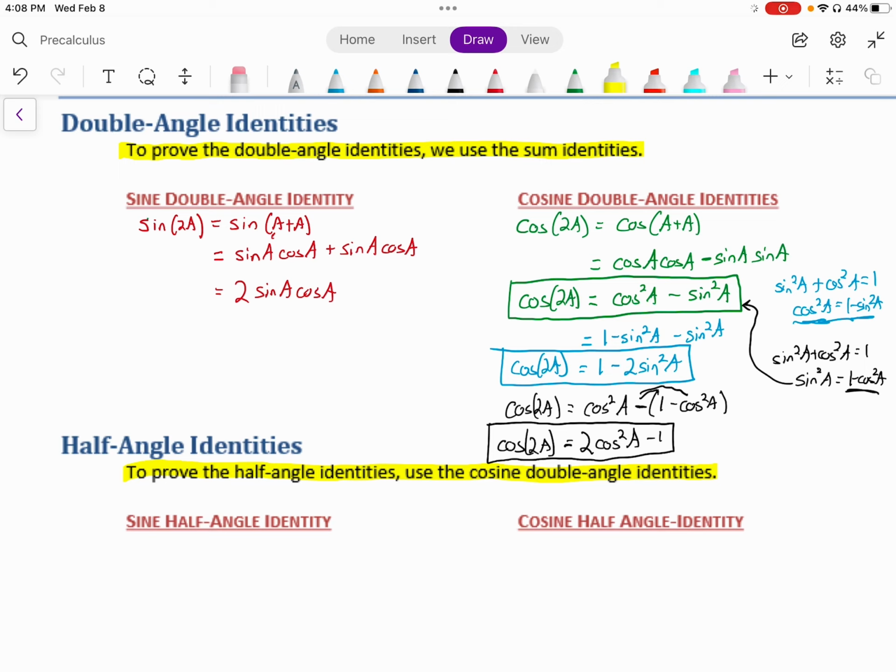And so the sine half angle identity, I'll show you what we're going to use here. We're actually going to start with this right here.